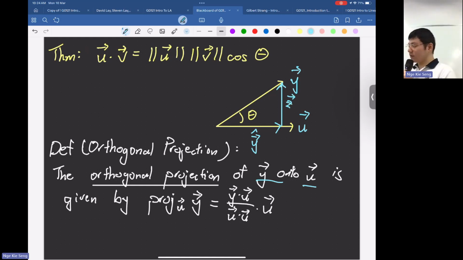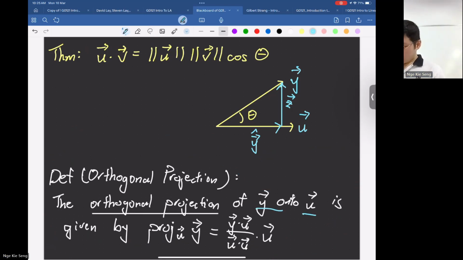So where's the orthogonality here? Okay, before that, do you still remember what orthogonal means? Let's recall first what orthogonal is.